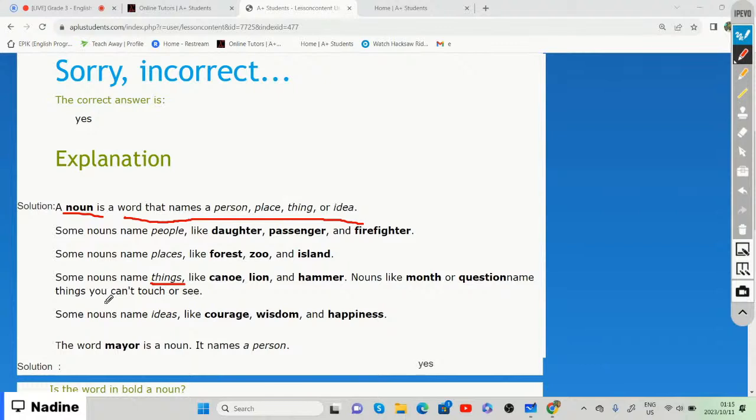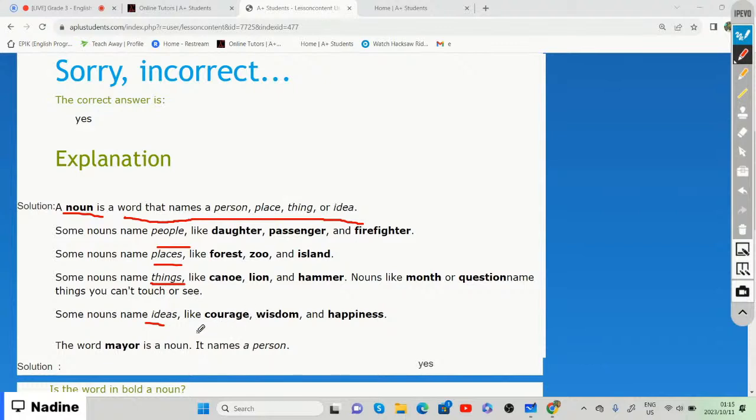For example, months, right? Like January, February, and so on. These are basically things that you cannot touch or see. Months you cannot touch or see, right? And then we also have nouns that name ideas, your ideas, your thoughts, right?